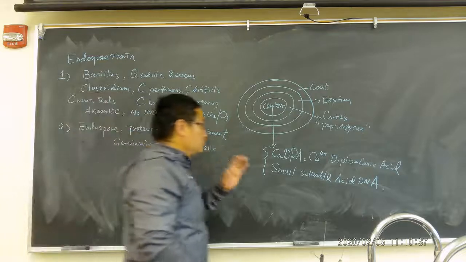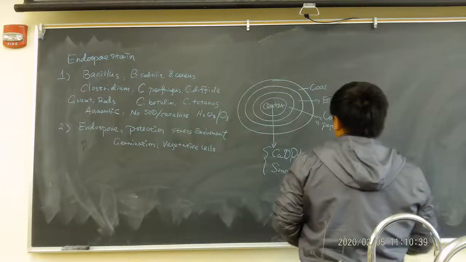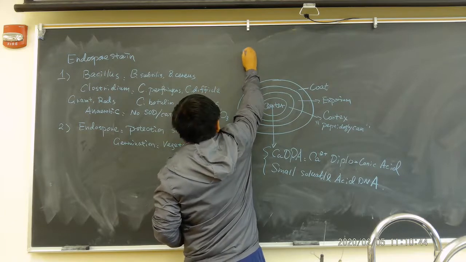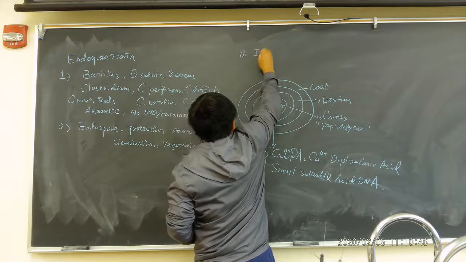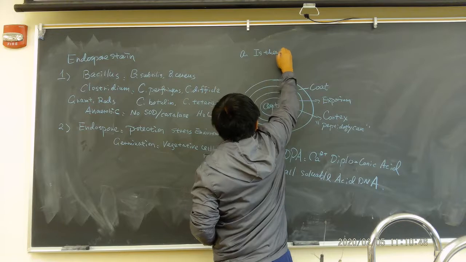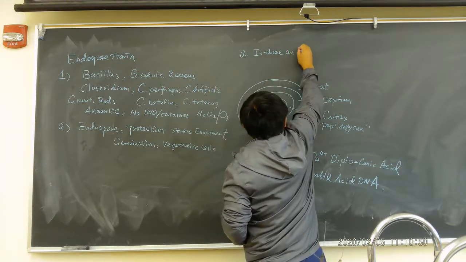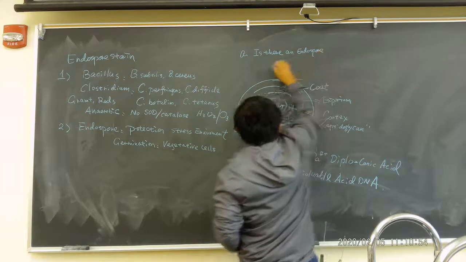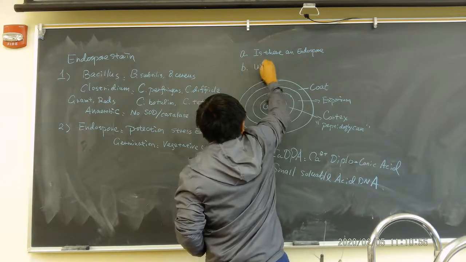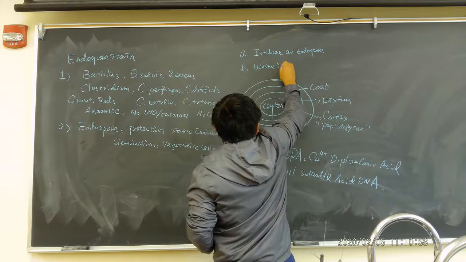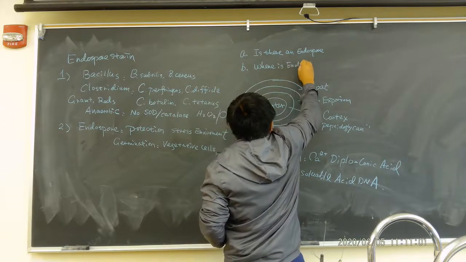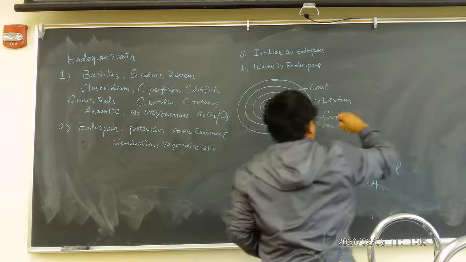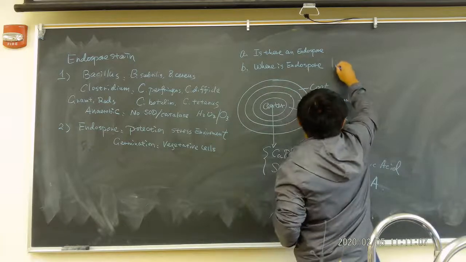Now, why do we want to do an endospore stain? In the endospore stain, we want to know two things. Number one, is there an endospore? Number two, where is the endospore? Because the location of the endospore is genetically dependent.